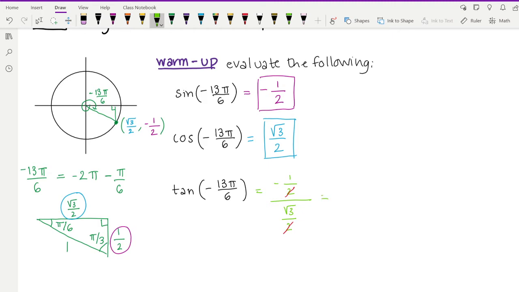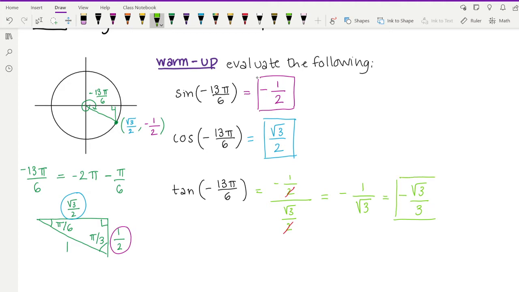And so this is going to simplify to negative 1 over the square root of 3. And as we saw in our last video, we can rationalize the denominator, so we can multiply by square root of 3 over square root of 3, and that's going to give us negative square root of 3 over 3.